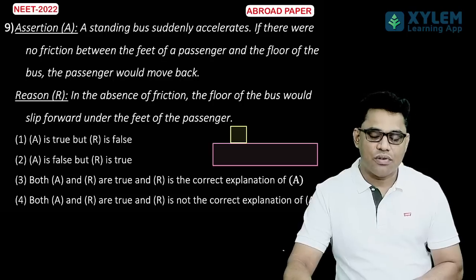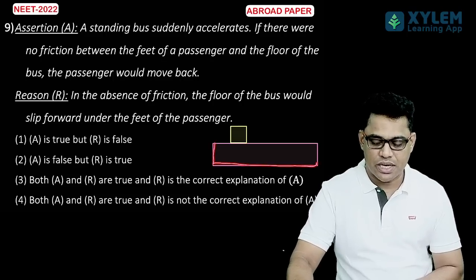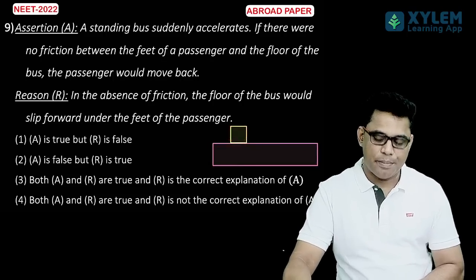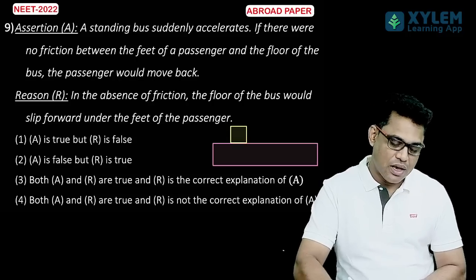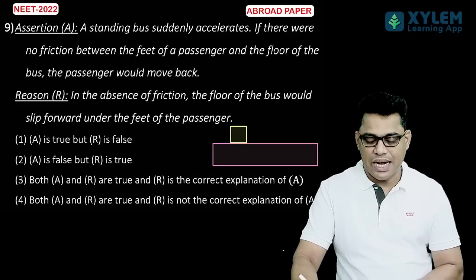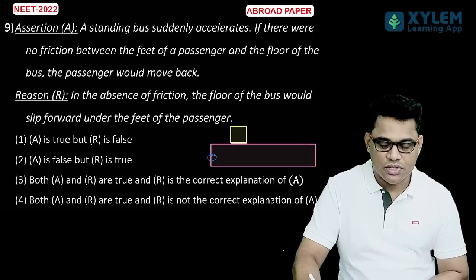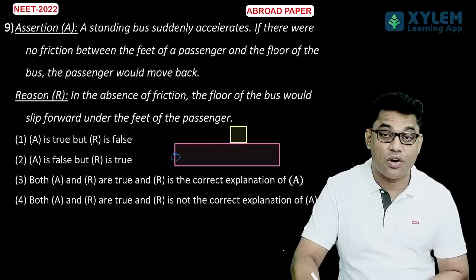See here, I have drawn a diagram. Suppose this is the bus and this yellow block is the passenger. As the bus suddenly accelerates, see here, it moves forward.